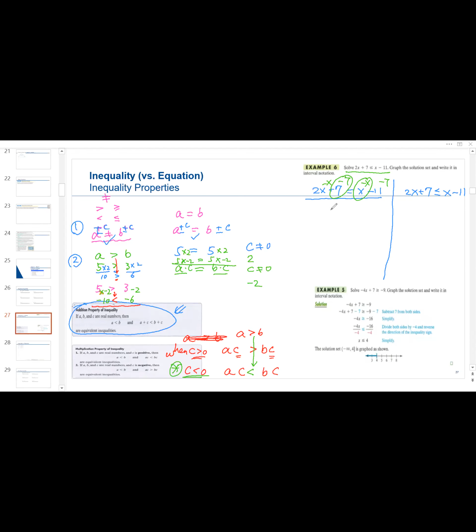The left part becomes x, and the right part becomes negative 18. That's your solution, right? When you do equations, you do this process. Say 2x minus x, so here is 0. The right part is negative 18. You find x equals negative 18, right?